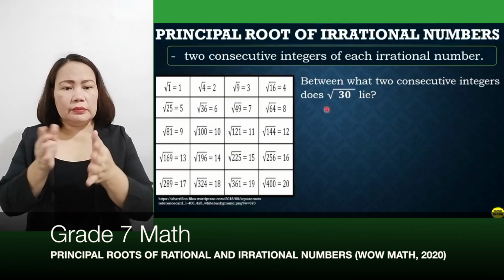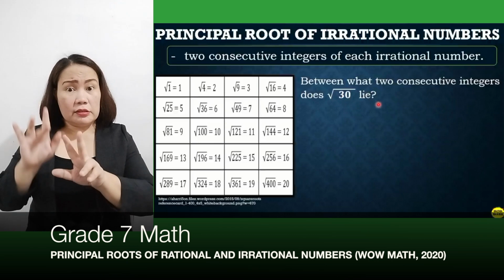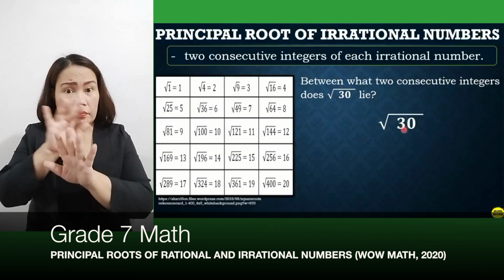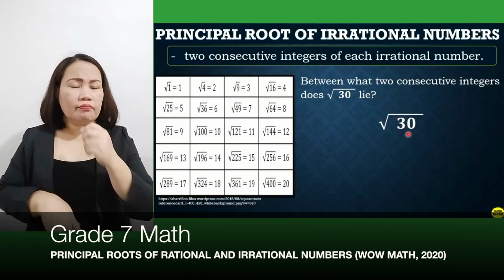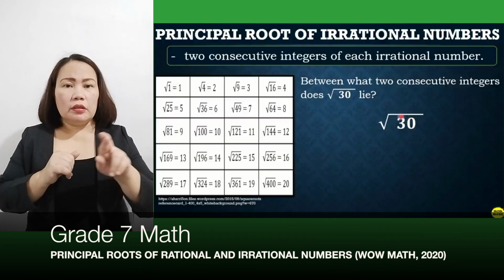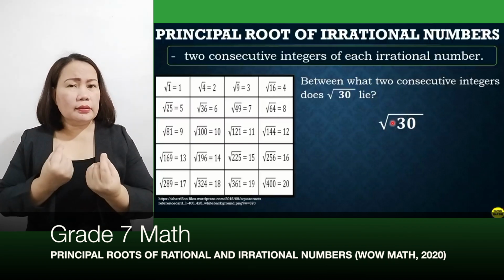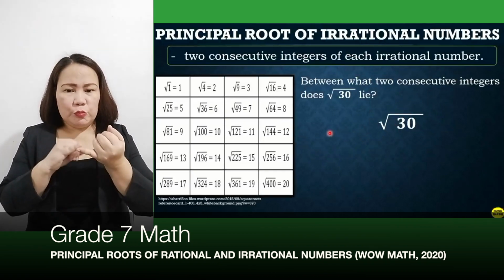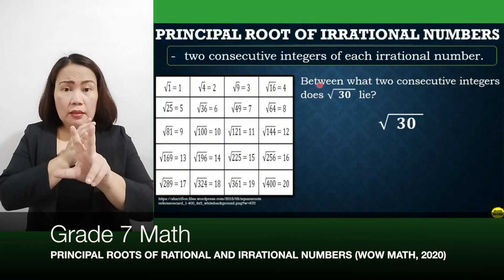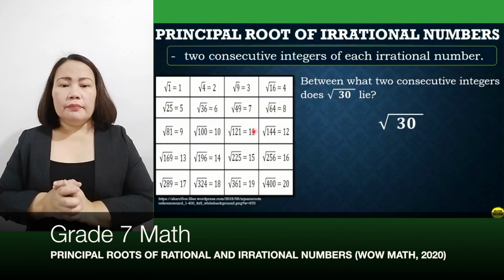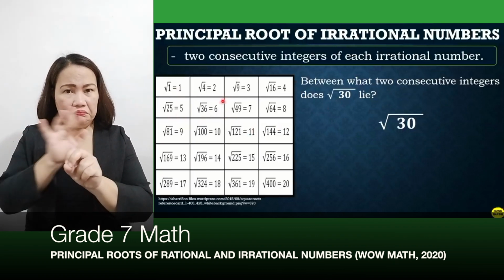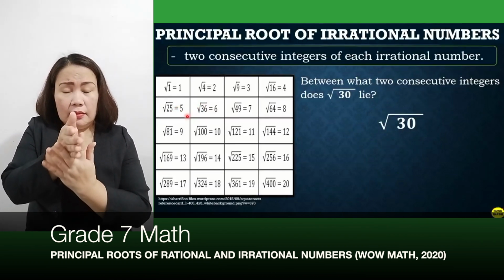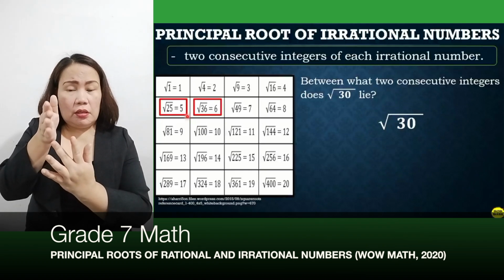Between what two consecutive integers does the square root of 30 lie? Okay, so how do we do this? Since our given is square root of 30 and 30 is not a perfect square, it is irrational. So, this is irrational because this is not perfect. What we will do is get the two consecutive integers between which the square root of 30 lies. Since we don't have the square root of 30 here because it is not a perfect square, we will get where it lies in between. Therefore, it lies between square root of 25 and square root of 36.